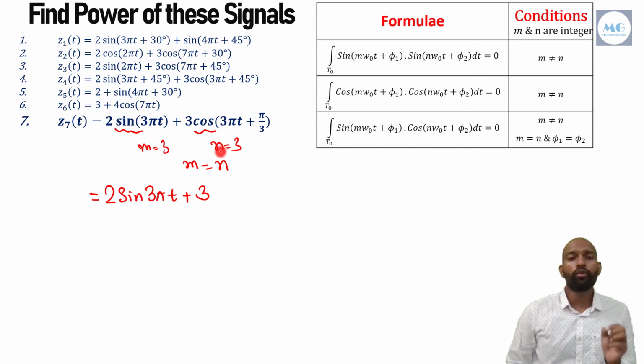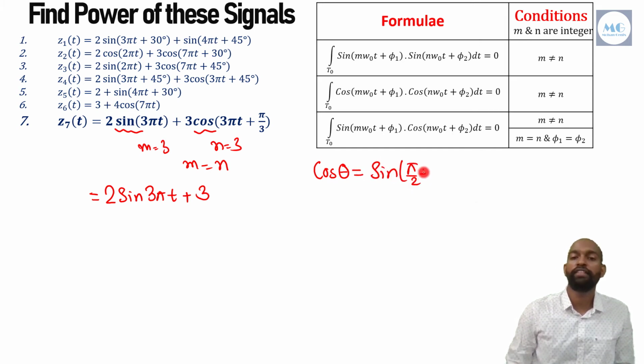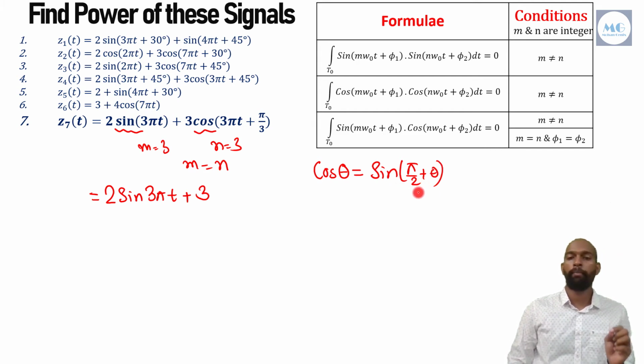So to convert a cosine function into a sine function, what can I write? As we already know, cos theta is equal to sine pi by 2 plus theta, or we have also already studied that sine pi by 2 plus theta is equal to cos theta.